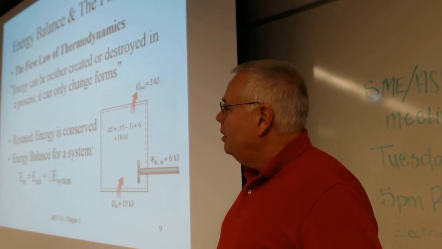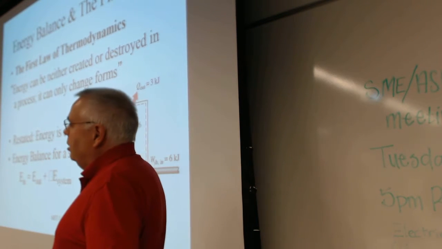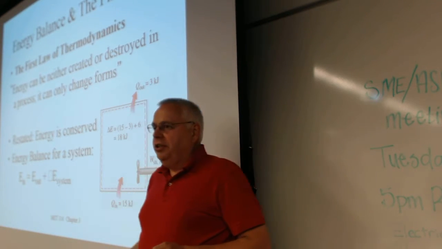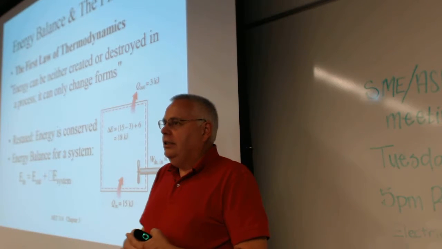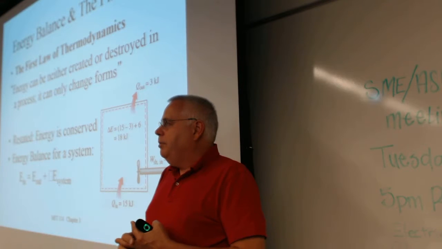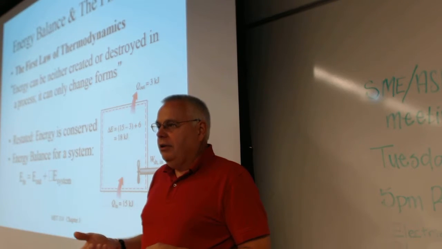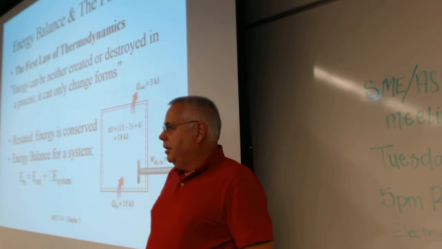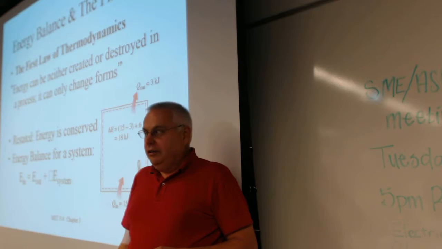So, first law, energy balance is really what we do. We are accountants for energy, not for money, but for energy. And how do we account for it? With our calculations. And, for most problems, like yesterday in the 411 class, I got up to an example on a nozzle, and I frankly was staring at it and said, how in the heck does this work?